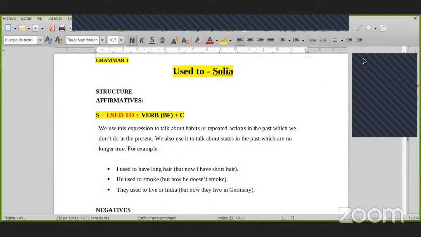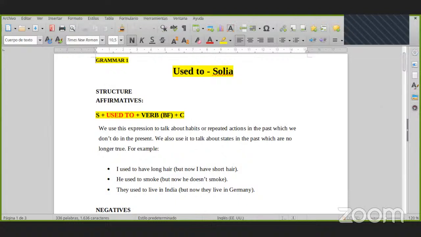Yes, and we have this used to. This used to means "solía" in Spanish. We use this grammar when we talk about habits that we had in the past, but nowadays in the present, we don't do them.